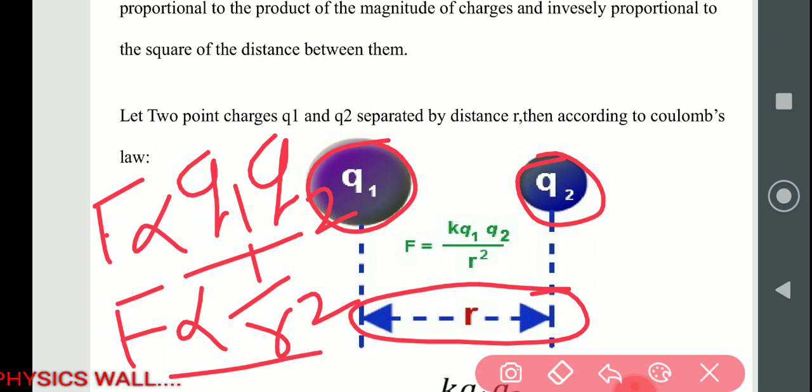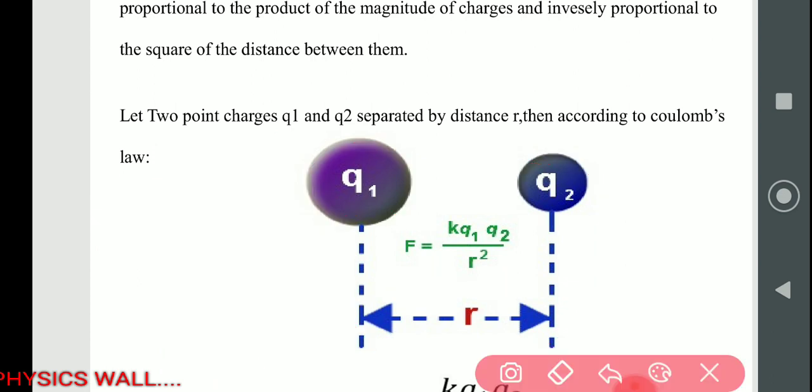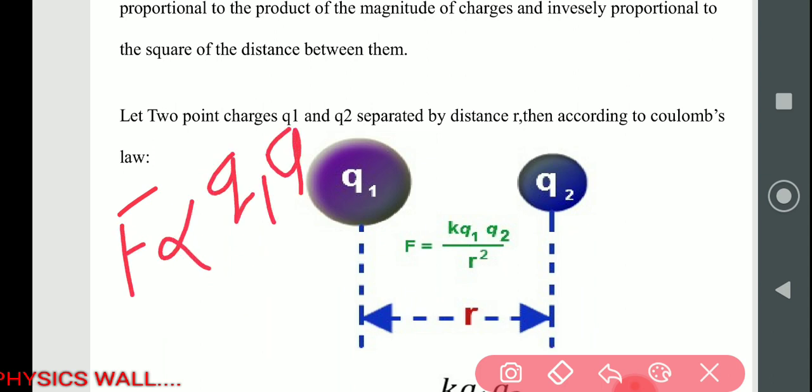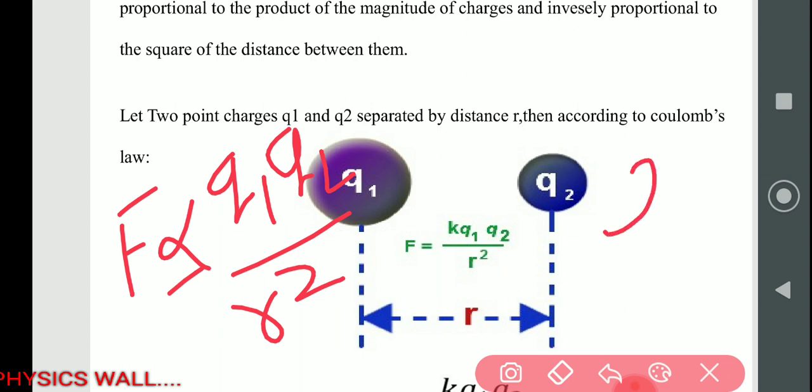If we merge both the equations, then we can write F is directly proportional to Q1 Q2 by R square. If we remove the proportional sign, then we can write a constant. In this case, this constant is called small k, the electrostatic force constant.